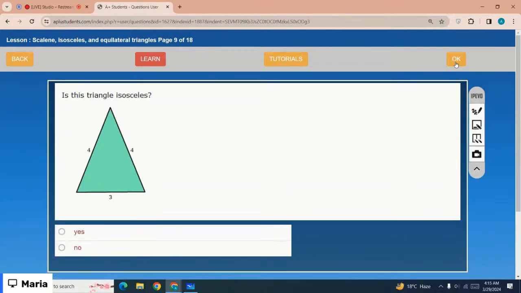Is this triangle isosceles? Yes, it is, right? The correct option is yes.